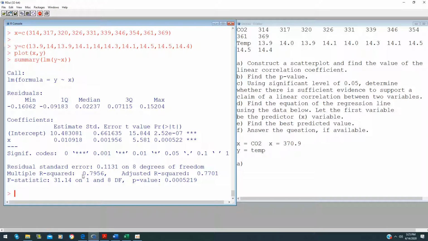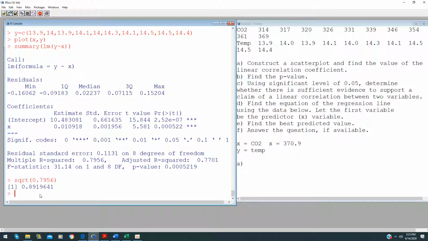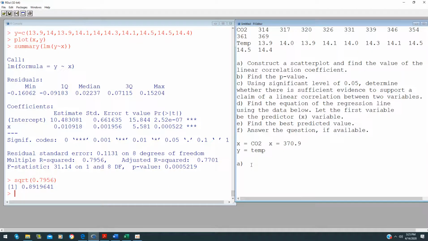Your R-squared in this case is this, but you have to take the square root of it. So the square root of 0.7956 will give us 0.89. So your R in this case is 0.892.